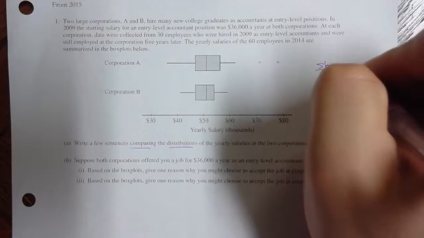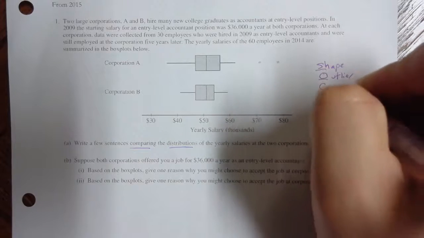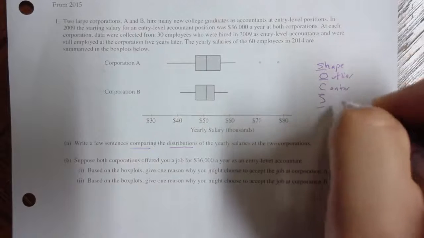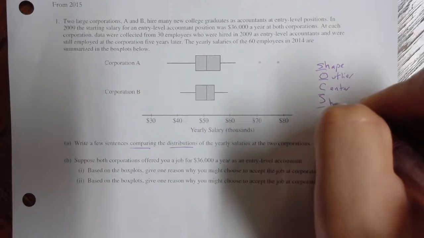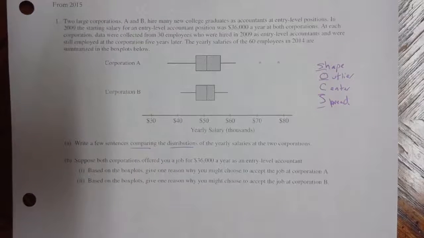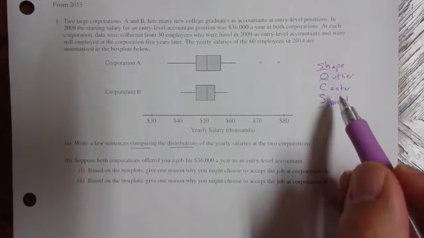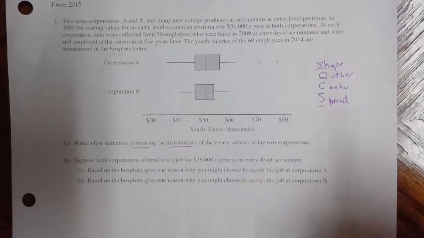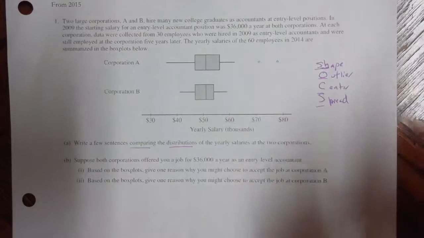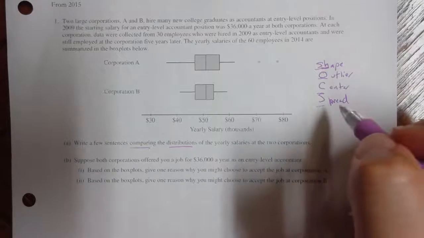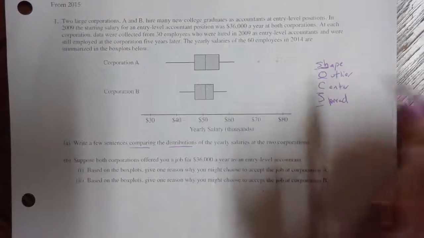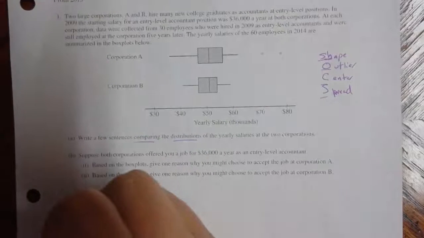You can do this, and always in context as well, but we'll basically make a sentence comparing and describing each of these four things. Doesn't really matter what order, and if it helps you to stay organized and make sure that you don't miss anything, sometimes students use this acronym. I like SHOCKS. Sometimes I see SOCKS quite a bit too.